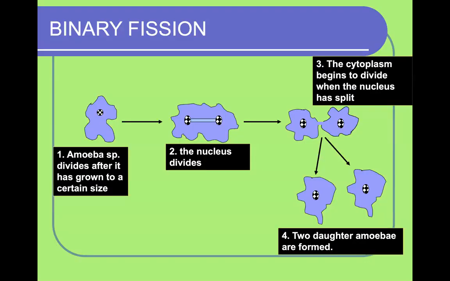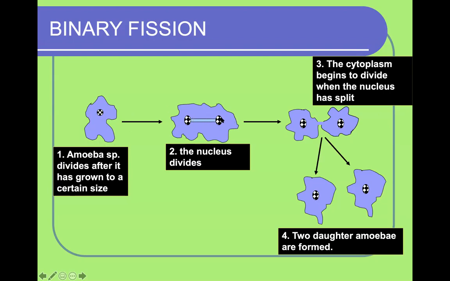Binary fission. During favorable condition, how it can reproduce is that the amoeba will divide after it has grown to a certain size. It means that once the amoeba has grown up, it is ready for reproduction. First, the nucleus will divide; from one it becomes two.